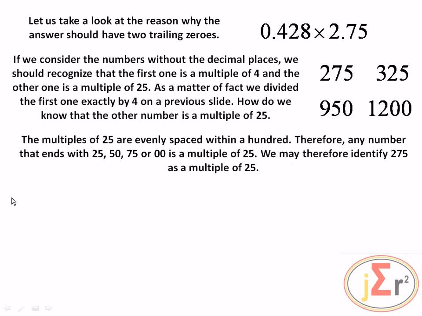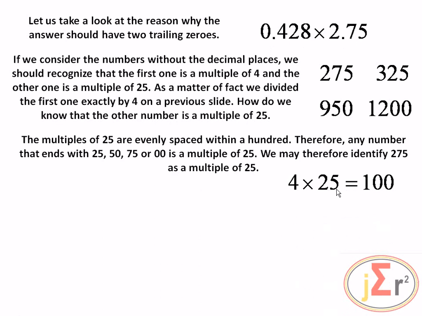So any number that ends with a 25, a 50, a 75, or a 00 is a multiple of 25, and we know that this number is already a multiple of 4. So one is a multiple of 4, one is a multiple of 25. When we multiply the two numbers, we get 100.